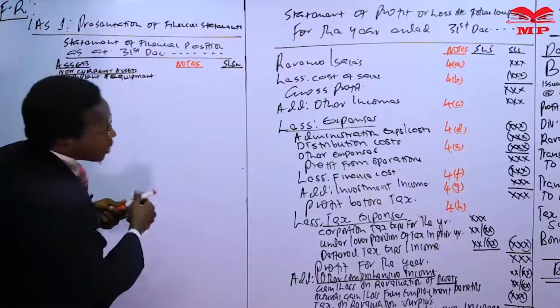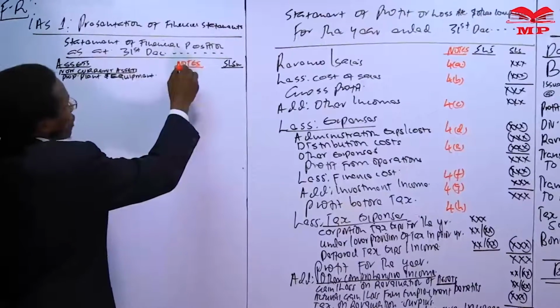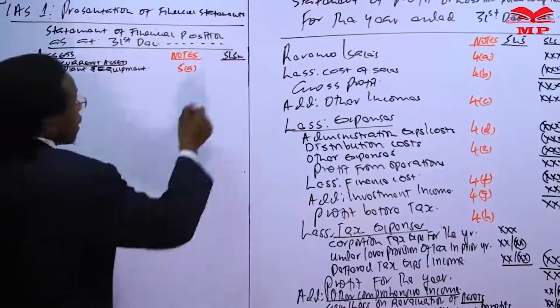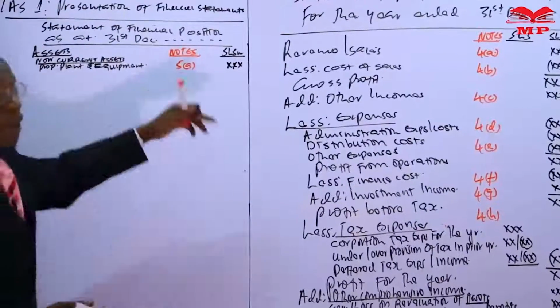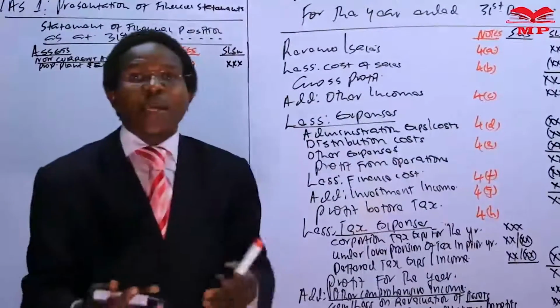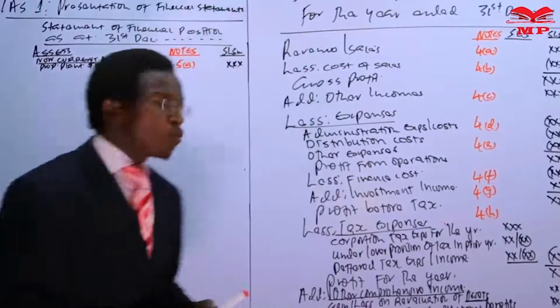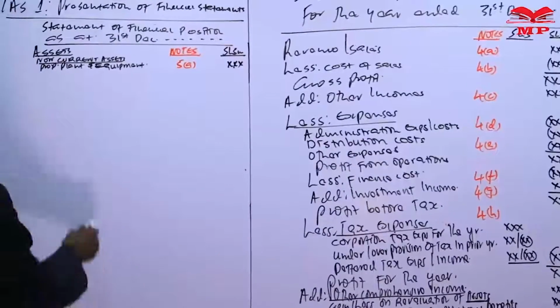Let me give it arbitrarily note number 5A, so you have this item there. Now this 5A will be talking about the property, plant, and equipment movement schedule. How did we arrive at this figure? It will be in the notes to the financial statements.